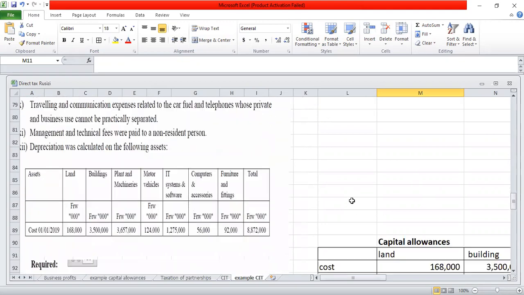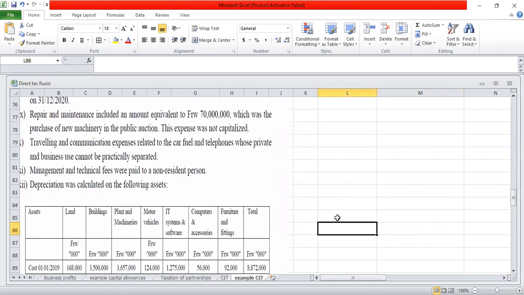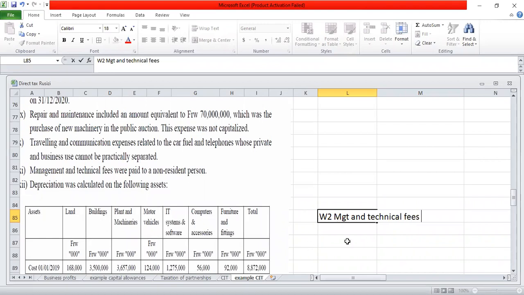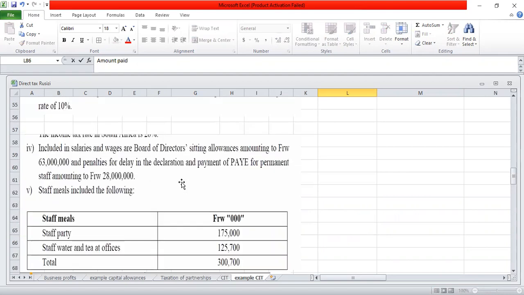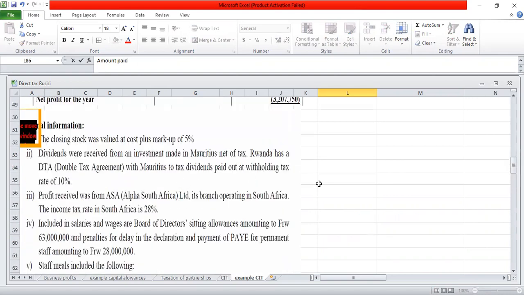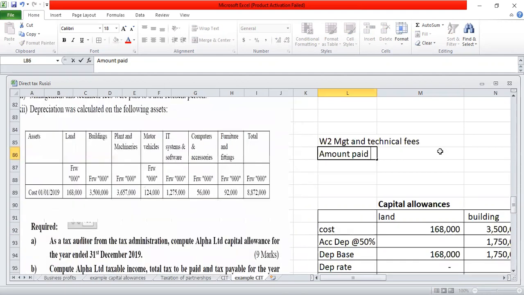I can make a working here. My working number 2. The working number 1 was the capital allowance. Management and the technical fees. Amount paid is 508,450.